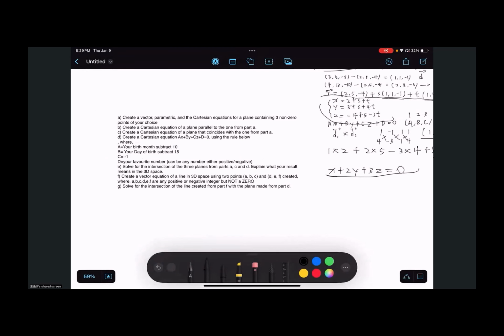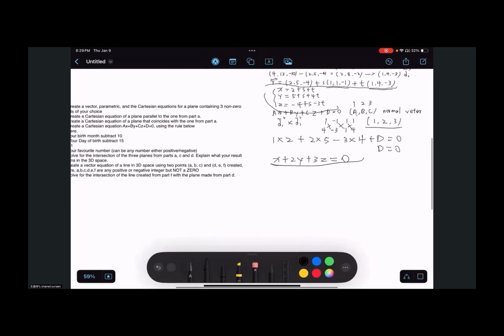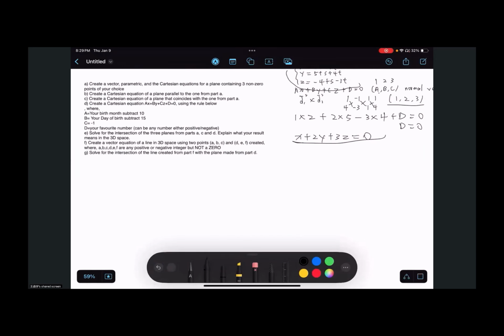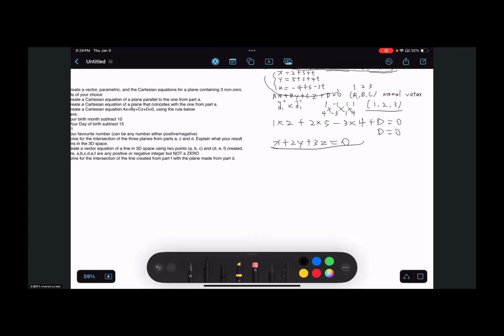It says create a Cartesian equation for a plane parallel to the one from part A. In R cubed space, a Cartesian equation of a plane that's parallel to another plane has the same A, the same B and the same C, but the D is different.